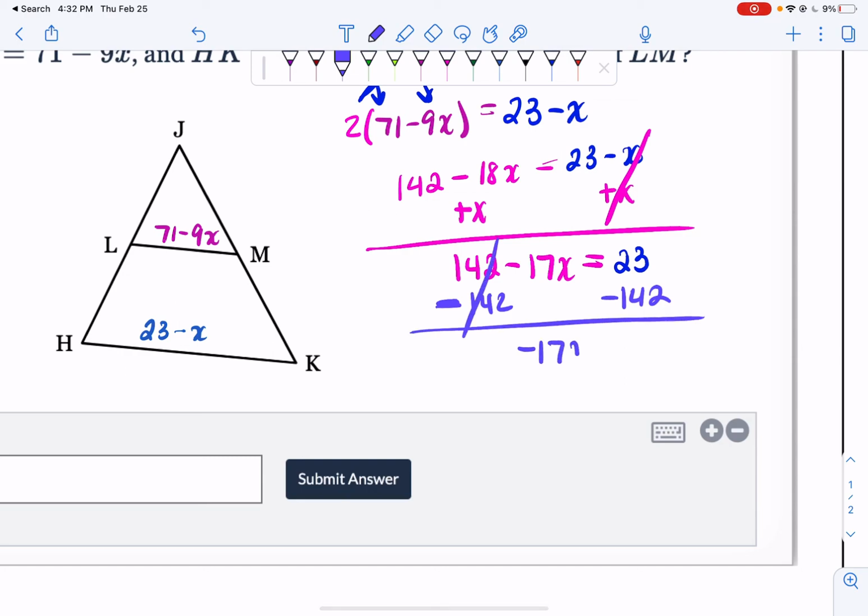So I get negative 17x equals 23 minus 142. And I get negative 119. And now I divide both sides of my equation by a negative 17. So I get x equals 7.